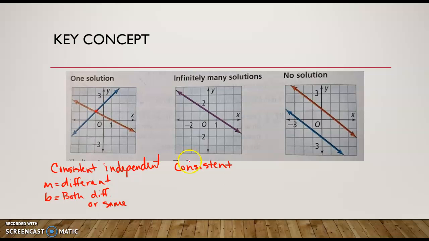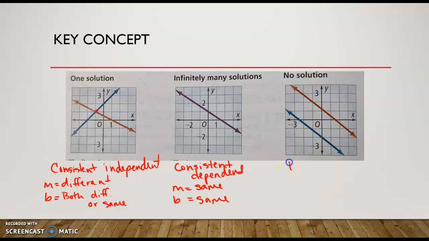A consistent dependent, because it has infinitely many solutions. Our slope for this one is the same, and our y-intercept is the same. It's basically the same all around because it's the same line.